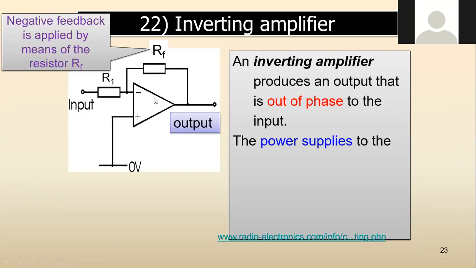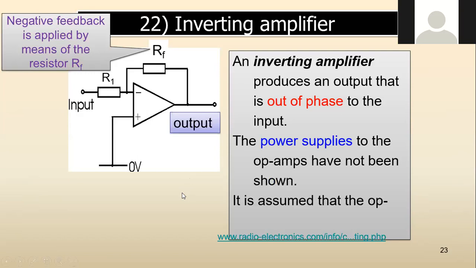Usually we don't show the power supply. It's understood that the power supply must be there, because this looks more detailed rather than a bit too confusing. And we assume that it's not saturated. The input going in between these two input terminals is not large enough to cause the output to be saturated.